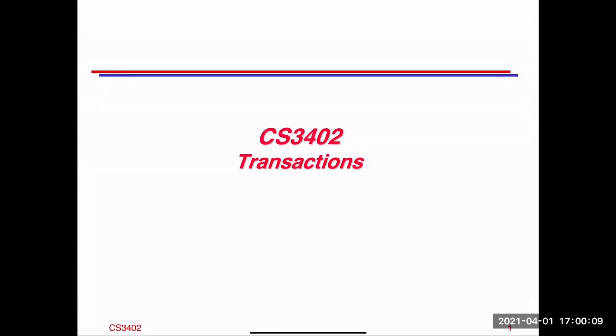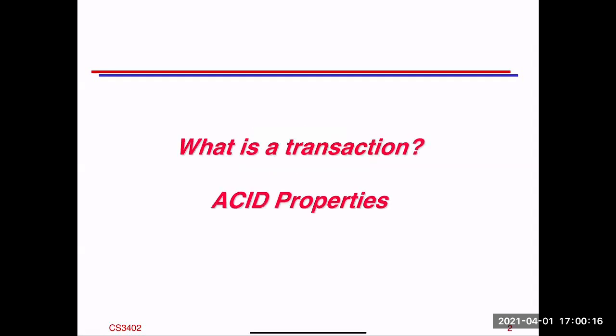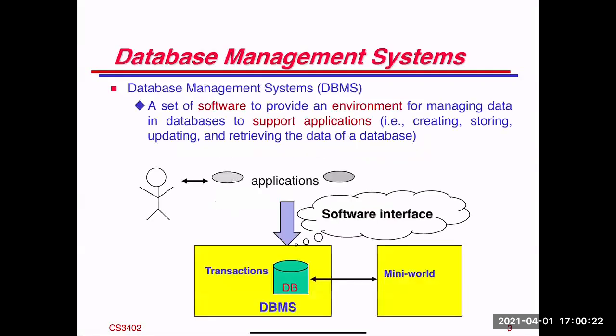All right, so let's continue. And the next topic that we're going to discuss are database transactions. So let's start by defining what a transaction is, and then we'll talk about the so-called ACID properties. So in most cases, the user won't directly perform database accesses.